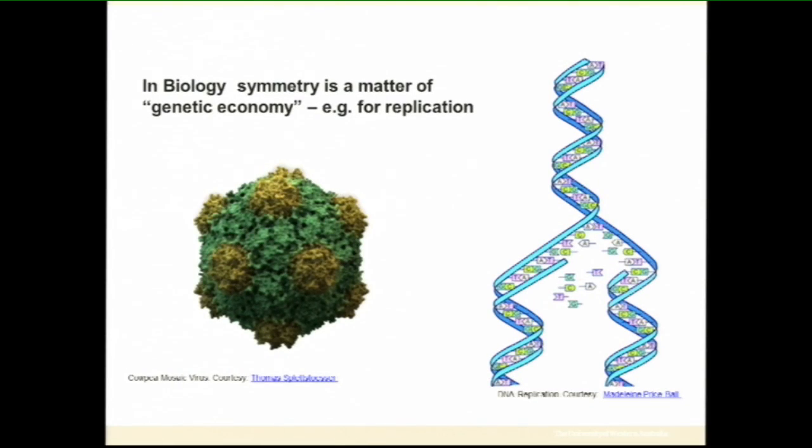Francis Crick and James Watson, in describing the symmetry of biological organisms, decided that it was a matter of genetic economy, so that a very small amount of genetic information, together with the symmetry of the structures, could help in replication.